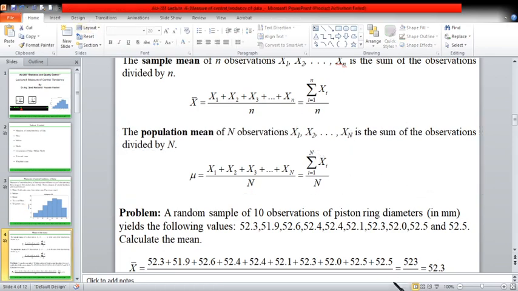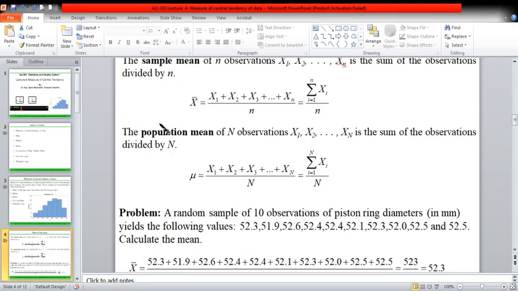So your population mean is the sum of all the observations, and here we are not taking a sample, but we are taking the sum of all the observations in a population. The symbol for representing, usually we use a Greek letter to represent population parameters.